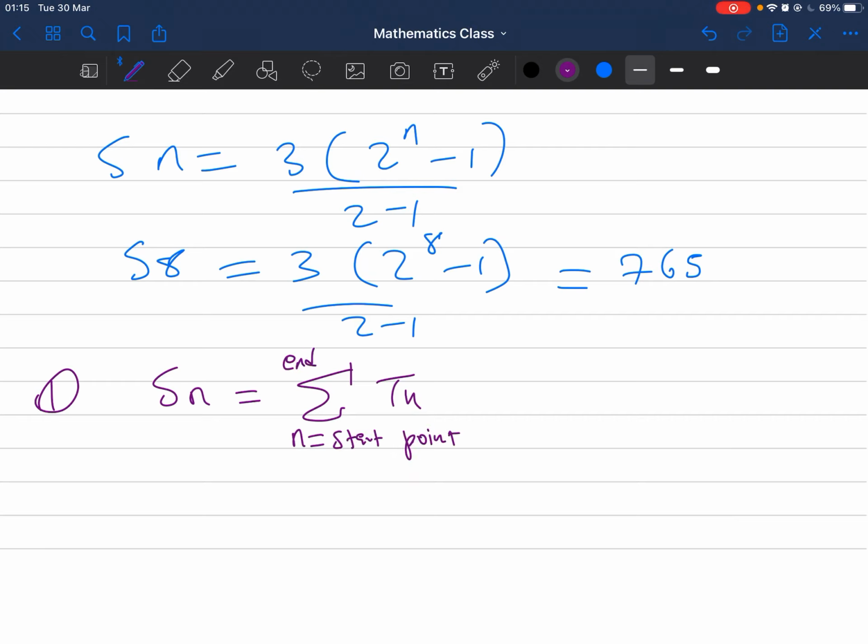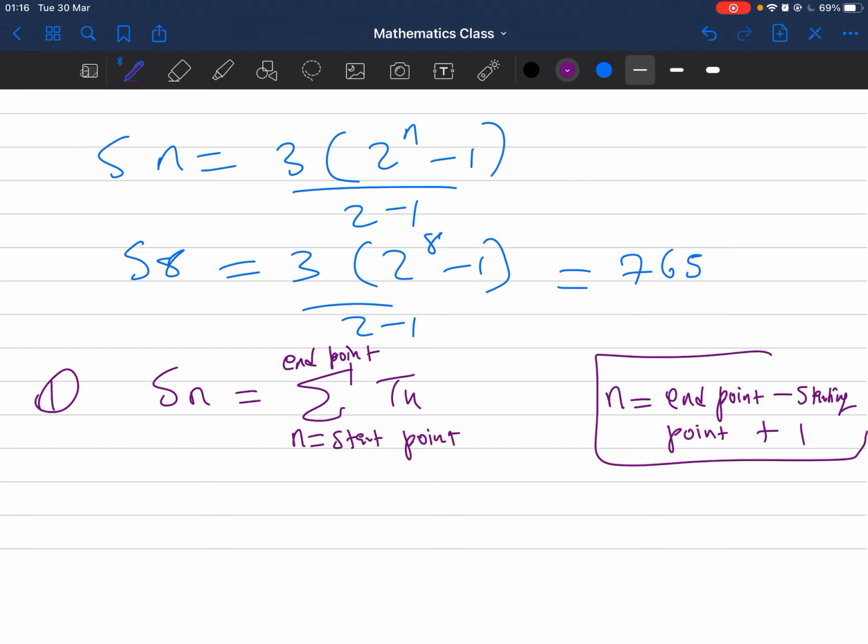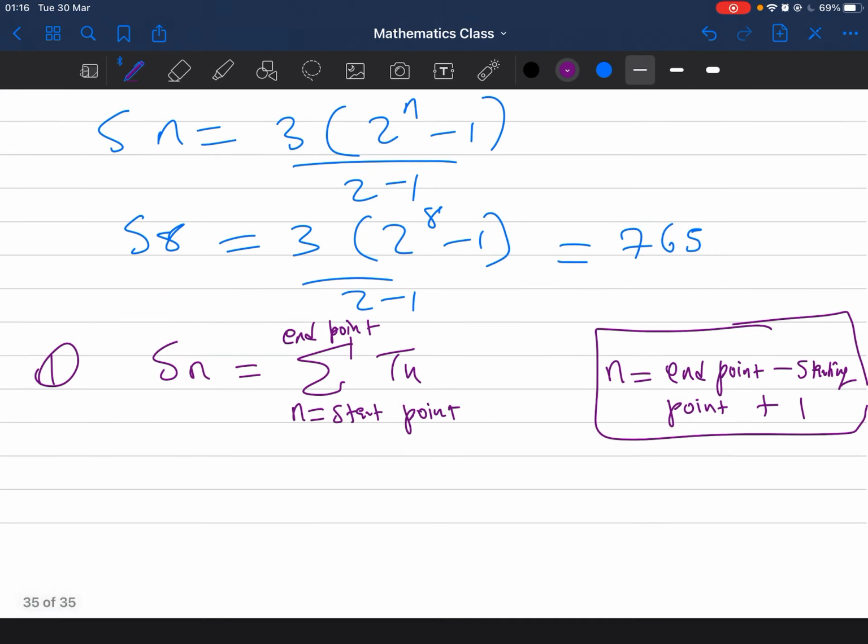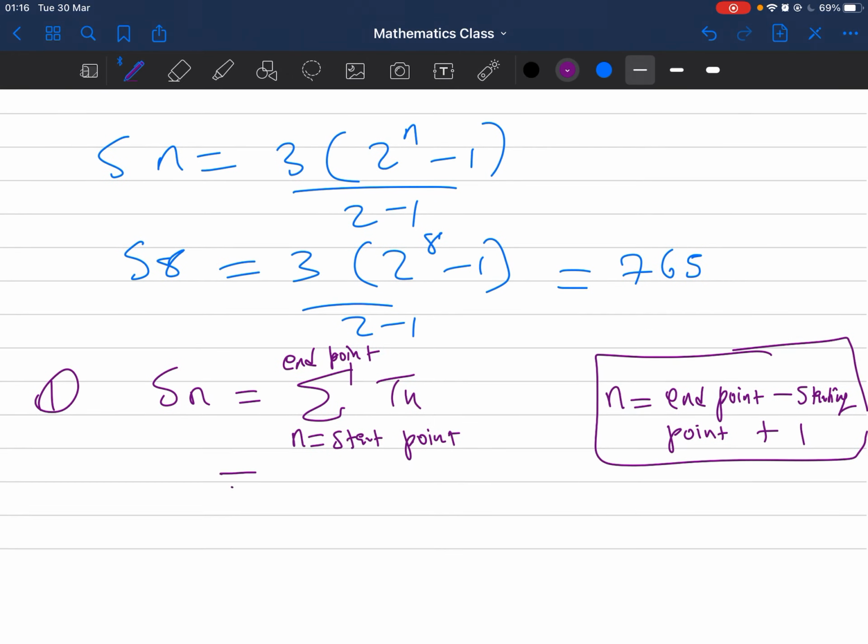Okay, and we've discovered that n is the end point minus the starting point plus 1. This is your n, right?